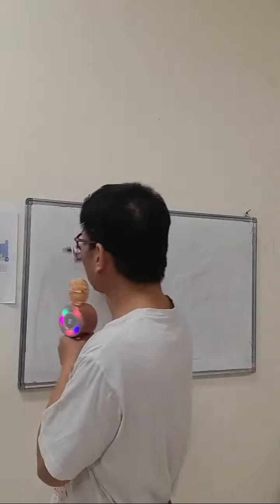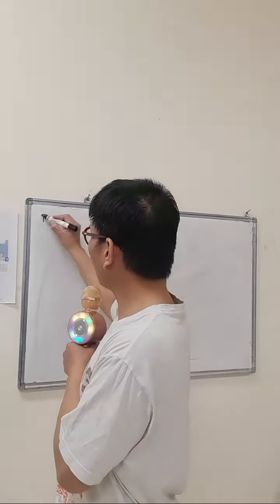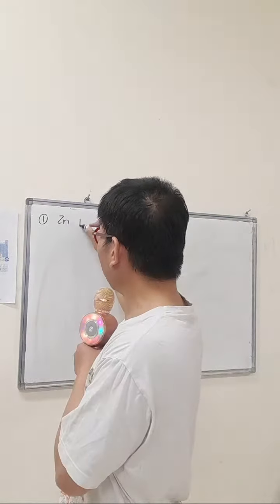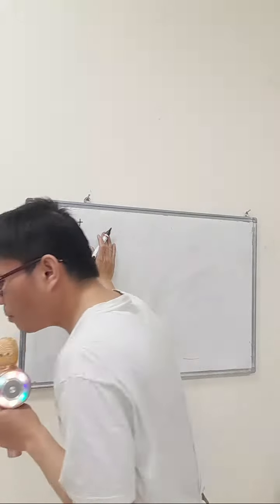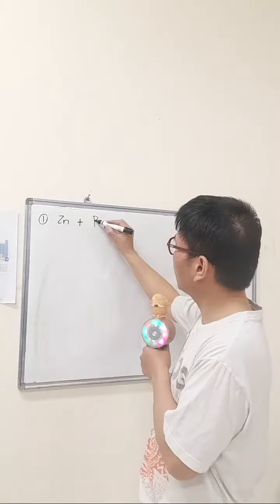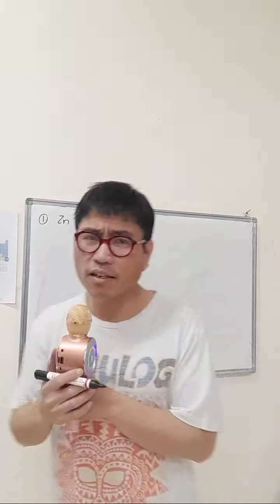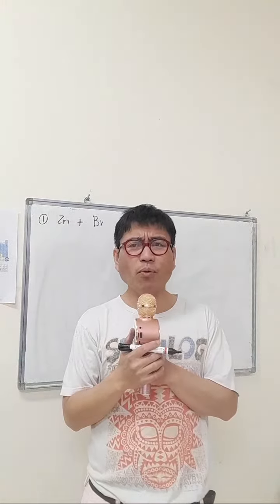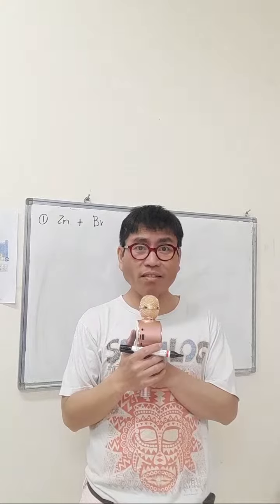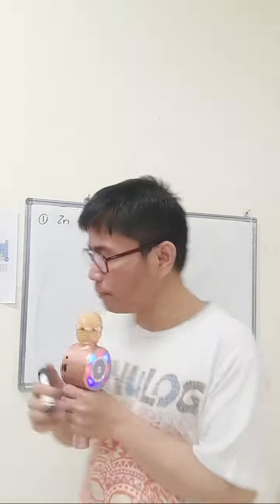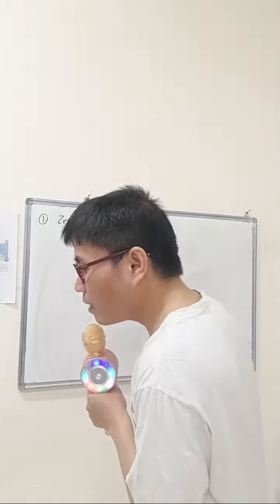Okay. Example number 1. Zinc plus bromate. What is the atomic weight of bromine? Fluorine, chlorine, bromine, that is 79.90 gram per mole.